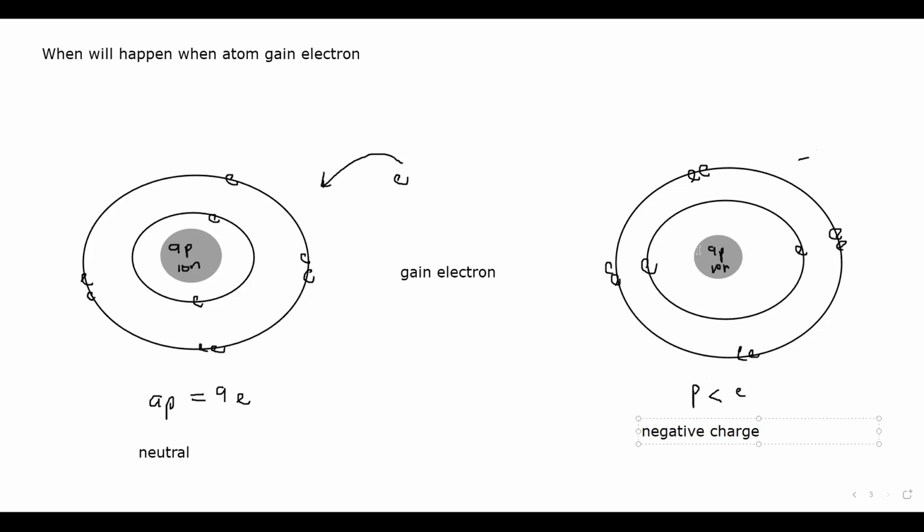So we can change the distribution between the protons and electrons inside an atom. And how can it be done? How can we charge an object? There are two ways to charge an object. Number one, by friction.